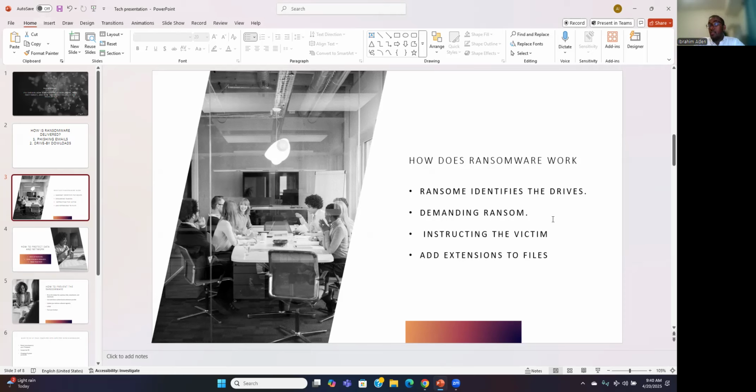But one of the things you can do to decrypt those files is a website called nomoreransom.org that will help you decrypt files that were encrypted by ransomware. That is one of the things you can do to tackle ransomware files.